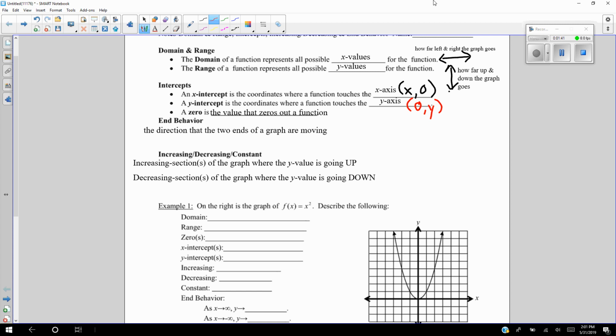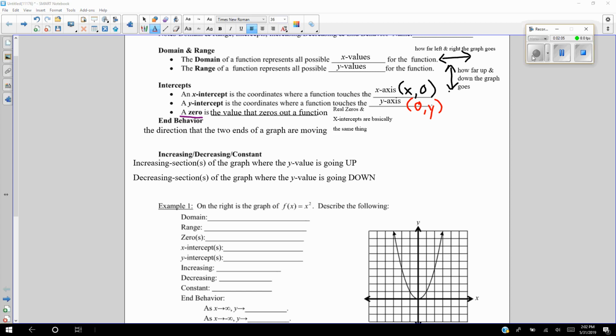Now this last one may be a new word for you: a zero. A zero is the value that zeroes out a function. And basically, as long as we're talking about real zeros, it's the exact same thing as an x-intercept. So they're interchangeable right now as we're talking about just the real number system.